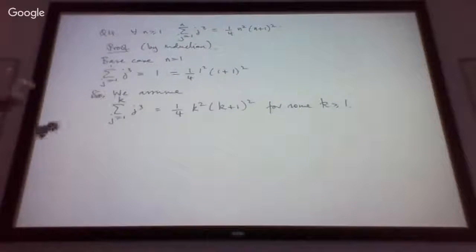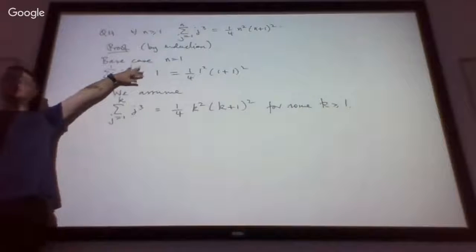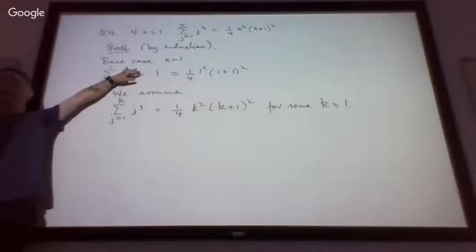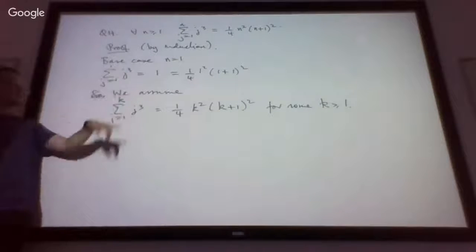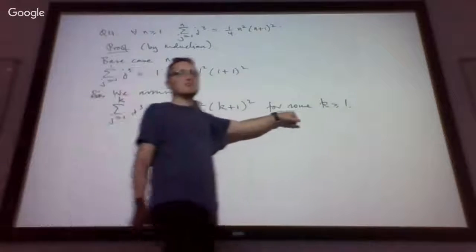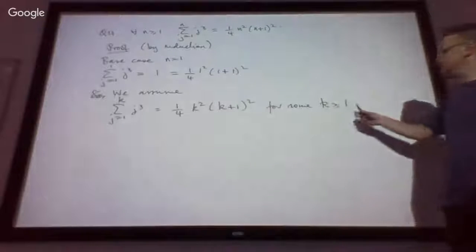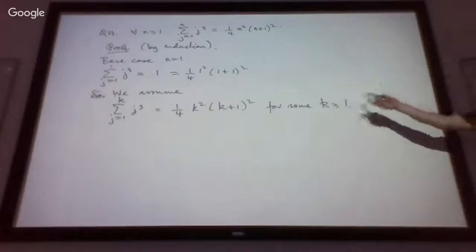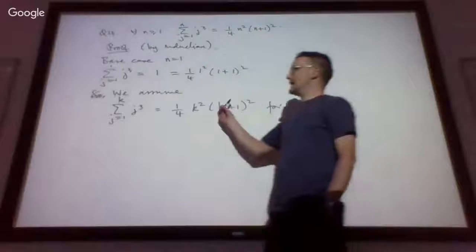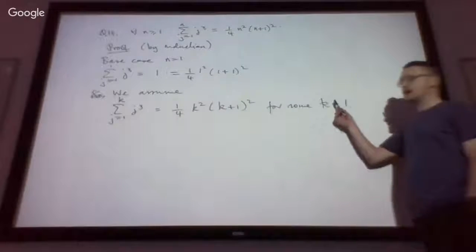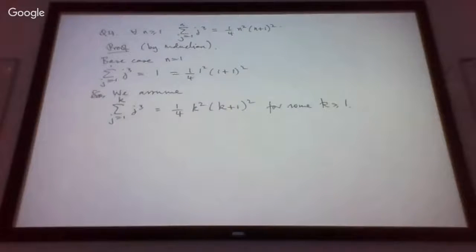So if we had not already proved the base case, we could be on shaky ground in making such an assumption. If we just carelessly say, I'll assume this is true for some k greater than or equal to 1, maybe that is never true for any such k.